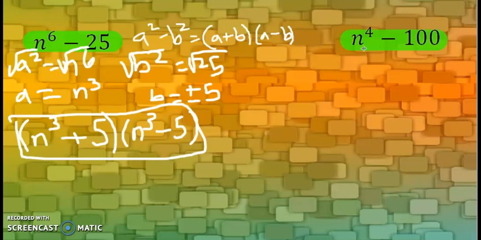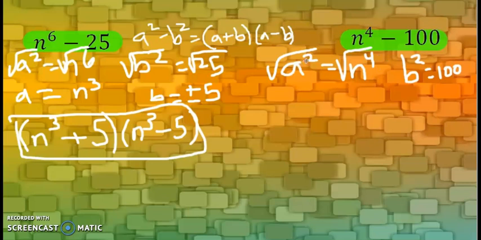Let's look at the next one. We have n to the fourth power minus 100. a squared is that first term, that's n to the fourth power. b squared is our second term, it's 100. To get rid of our squares, we have to take the square root. Half of 2 is 1, so we have a to the first power equals half of 4 is 2, n to the second power.